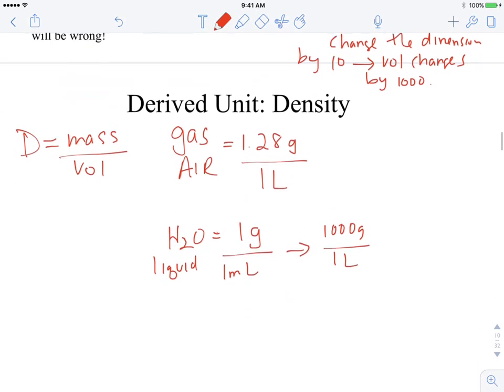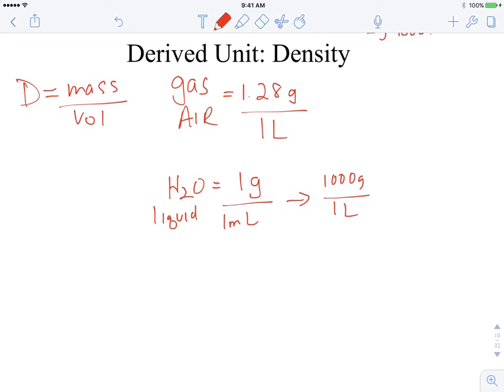There are some solids that are really, really dense. So I would have, for example, let's say gold. Gold has a density of 19.3 grams for every 1 milliliter. Well, look at what that density is. That's 19,300 grams for every 1 liter.